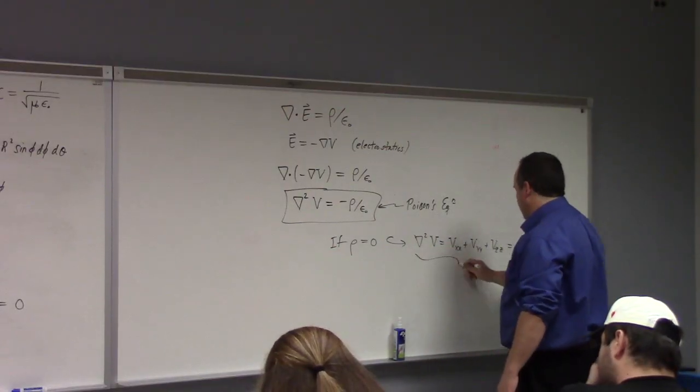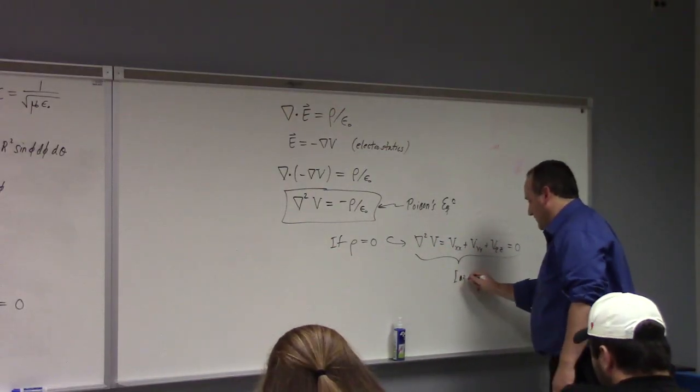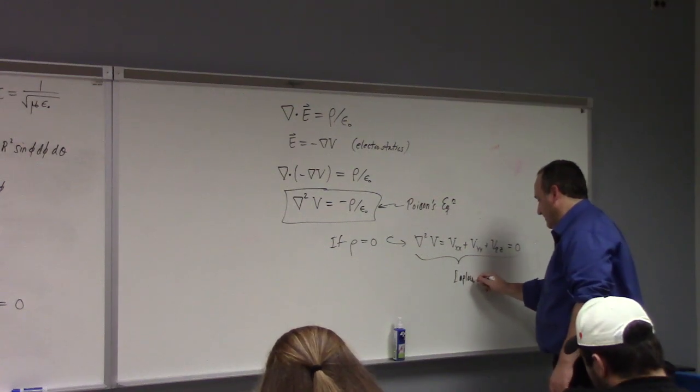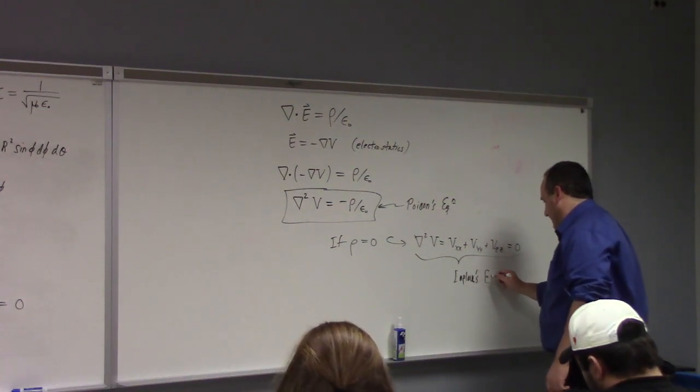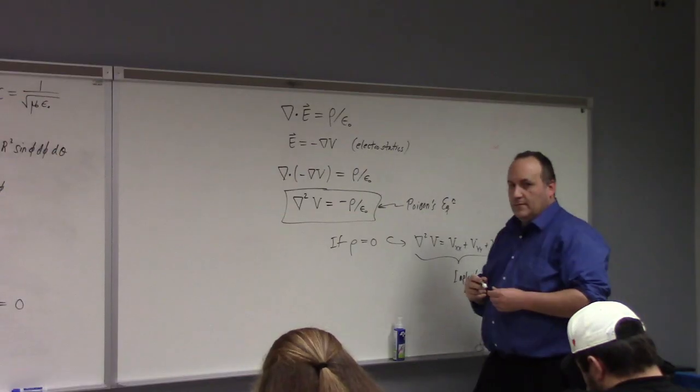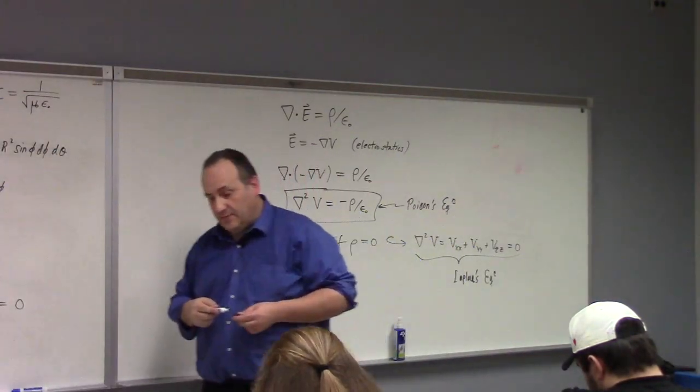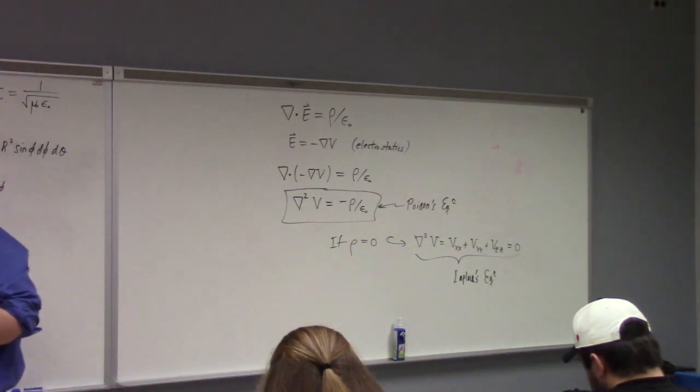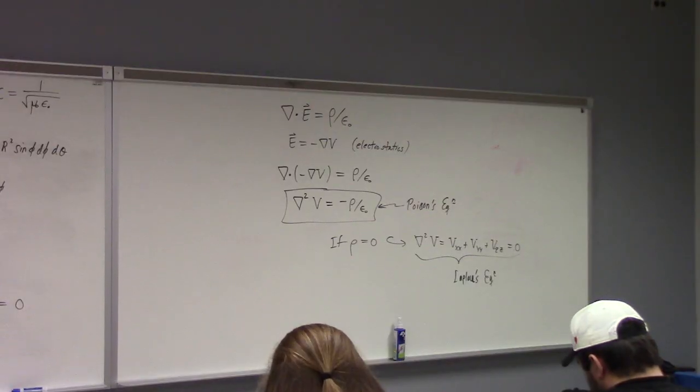This is Laplace's equation. And of course, there are also two-dimensional versions of it. So the voltage function, for example, has to solve Laplace's equation in the absence of charge.